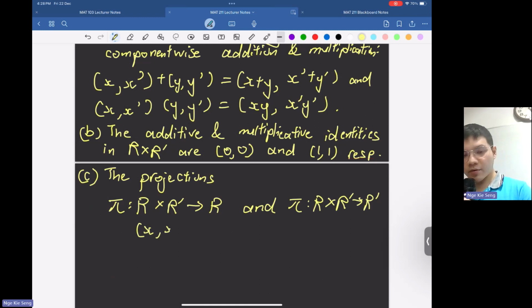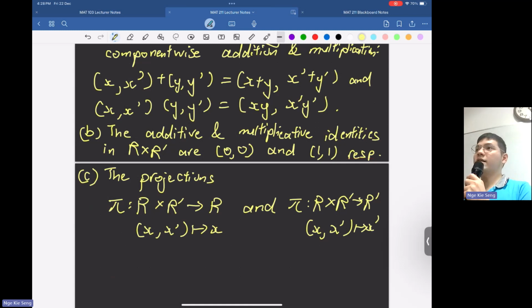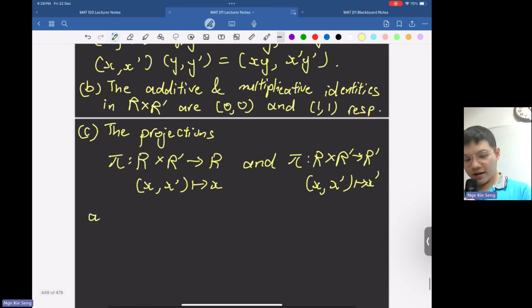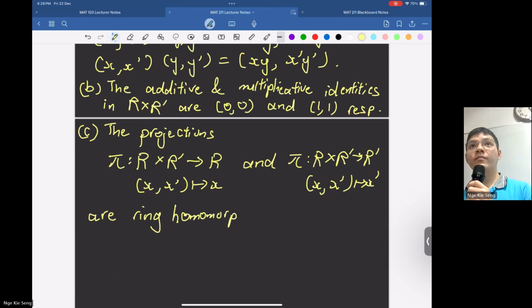I can take (x, x') and send it to x, or take (x, x') and send it to x'. I just read the first component, or I just read the second component. You can show that these are trivially ring homomorphisms. It should be easy to check.